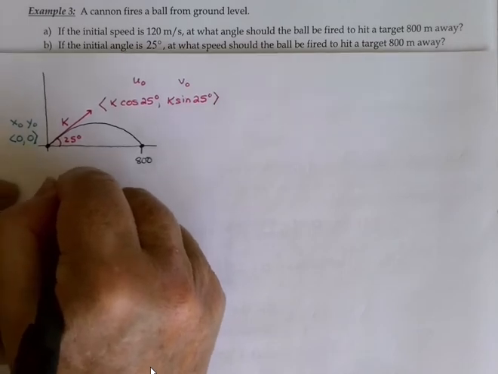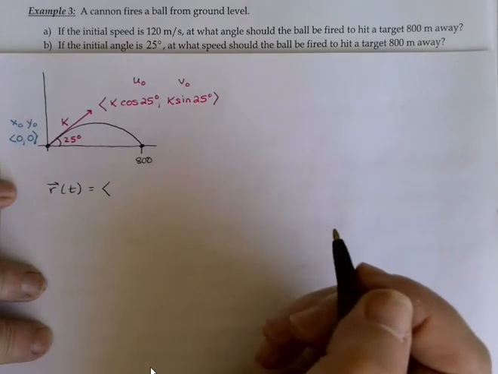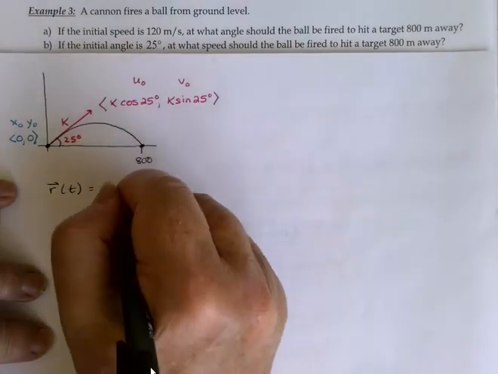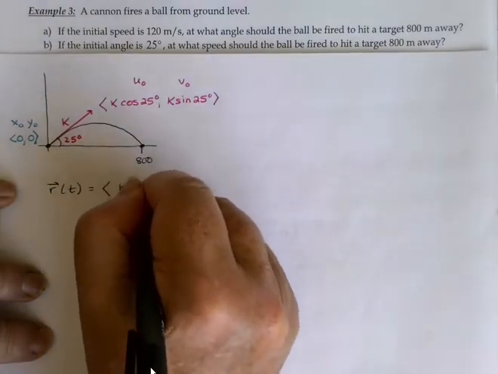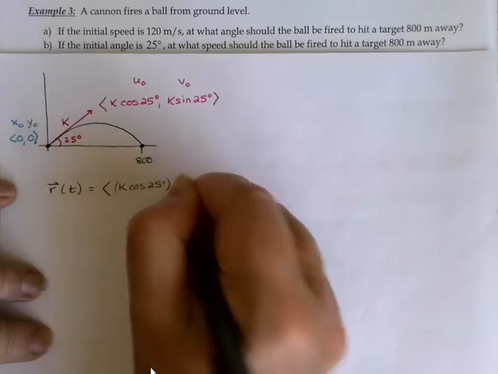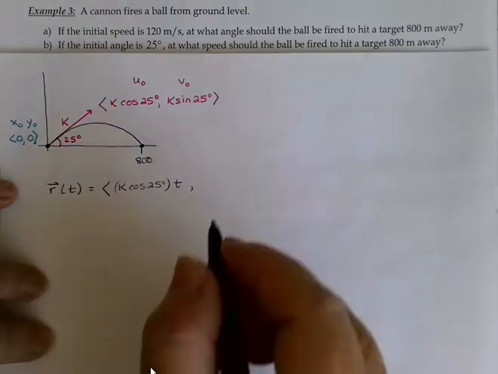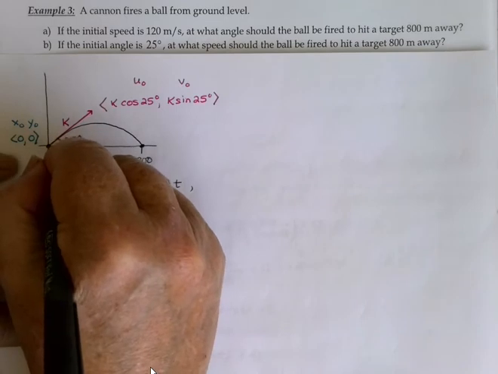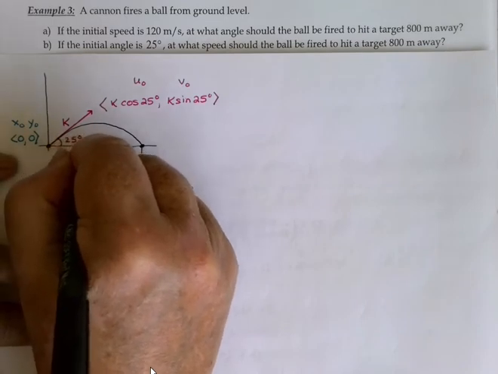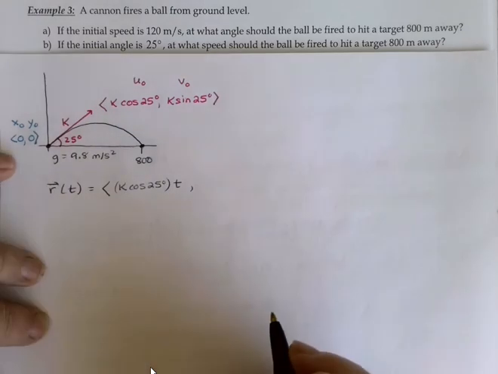So our equation of motion, our position equation r of t, is u naught times t, so k cos 25 degrees, times t. And once again, all of my values here were metric, so the g, sneaking in up here, was 9.8 meters per second squared.